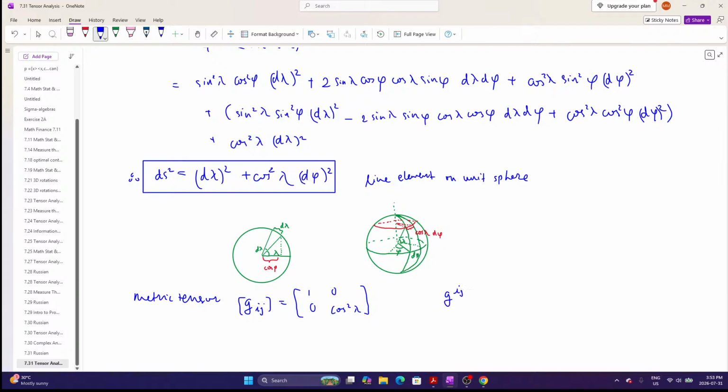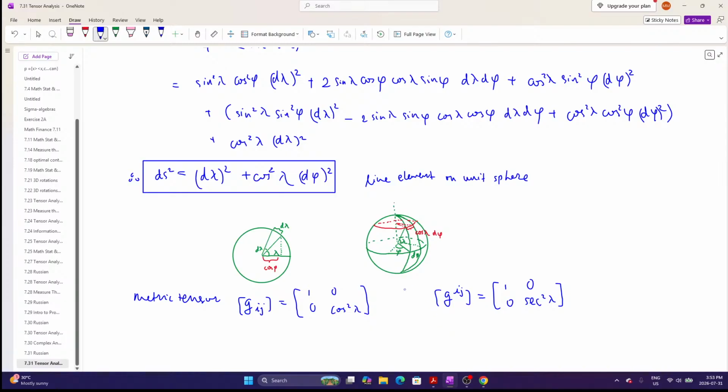And the inverse matrix would be 1, 0, 0, secant squared of lambda. That's the inverse, or the contravariant reciprocal metric tensor, whatever way you want to call it.